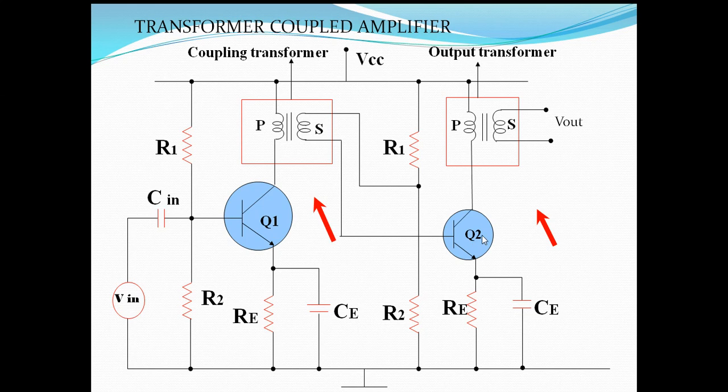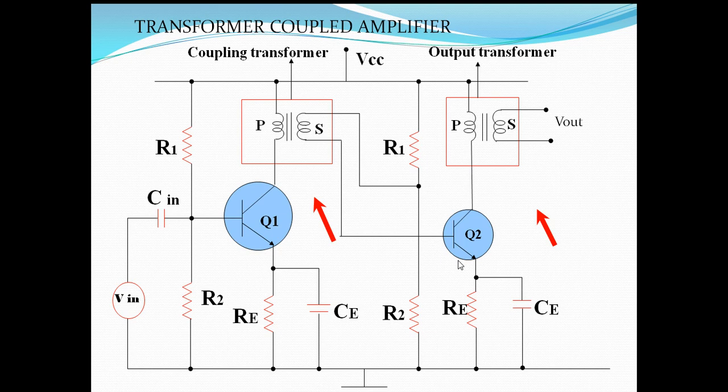Q1 is the first stage, Q2 is the second stage. Since we are measuring the output across the collector, therefore it is common emitter, and the input is given to the base of the next stage, and again in the second stage the output is measured across the secondary winding which is connected to the transformer through the collector, therefore it is also called common emitter configuration.